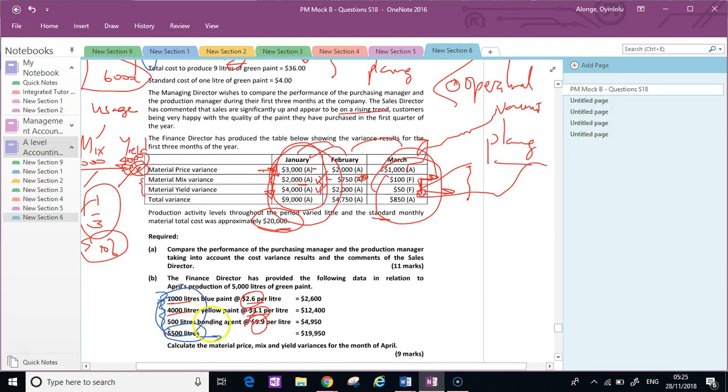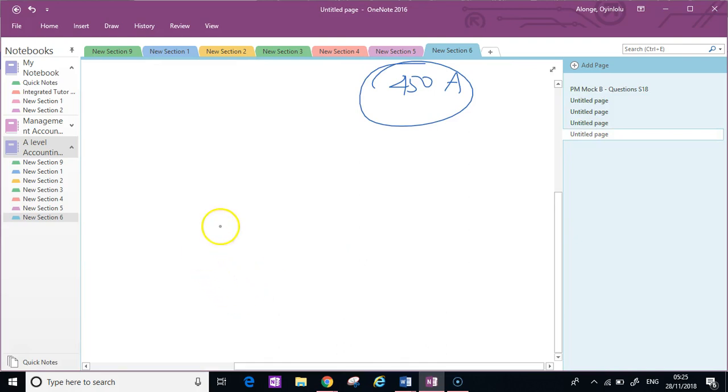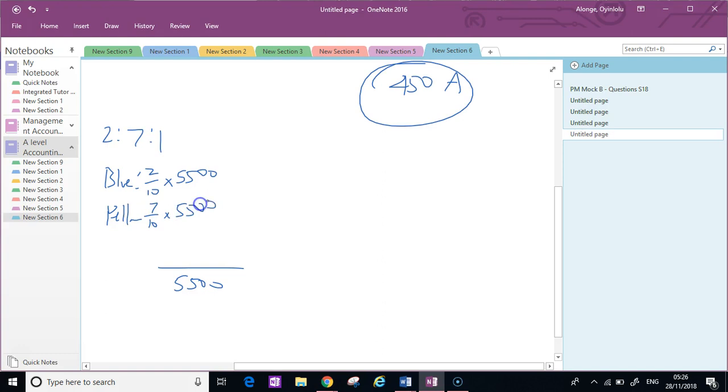So 5,500 is what the total is. I expect to see a mix of 2 to 7 to 1. So for my blue paint, I expect to see 2 over 10 times 5,500. For my yellow paint, I expect to see 7 over 10 times 5,500. And for the bonding agent, 1 over 10.